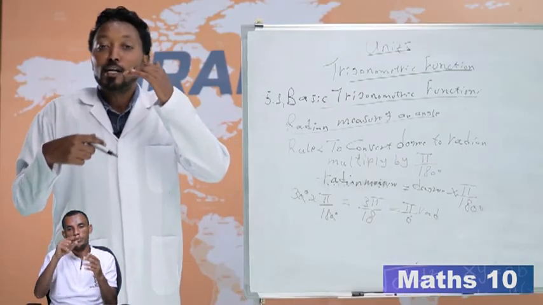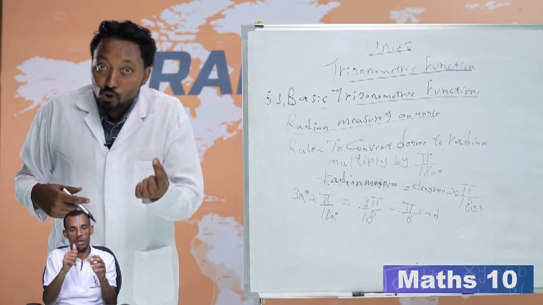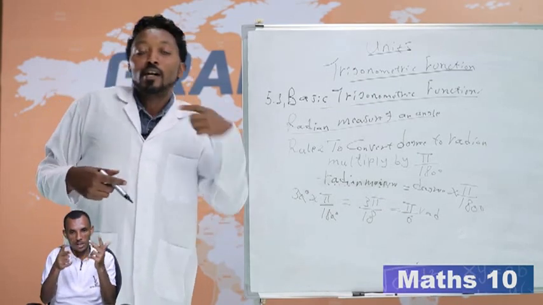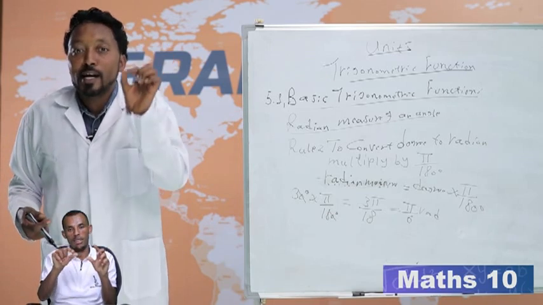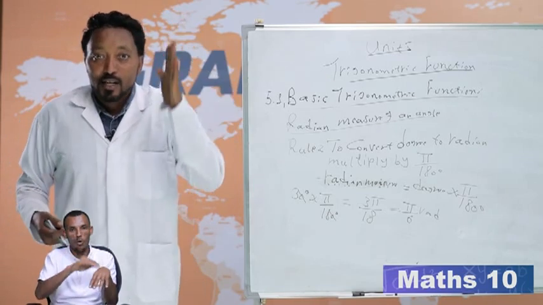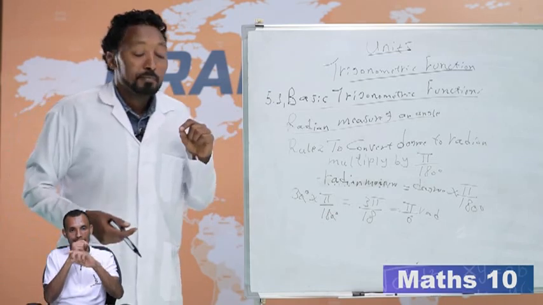The angles that do not lie in any quadrant are quadrantal angles. Quadrantal angles lie on the x-axis or y-axis. This is the basic one.